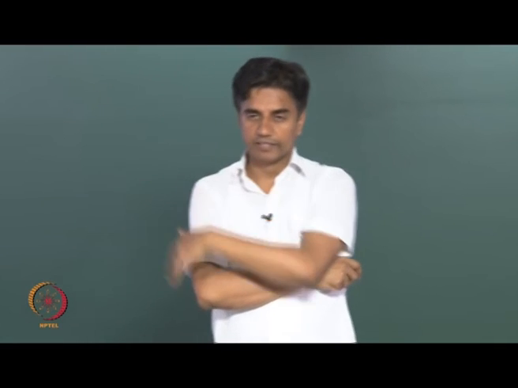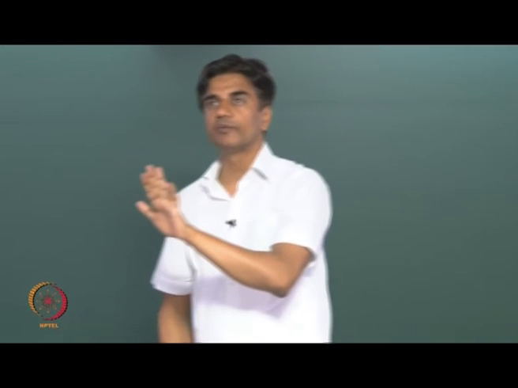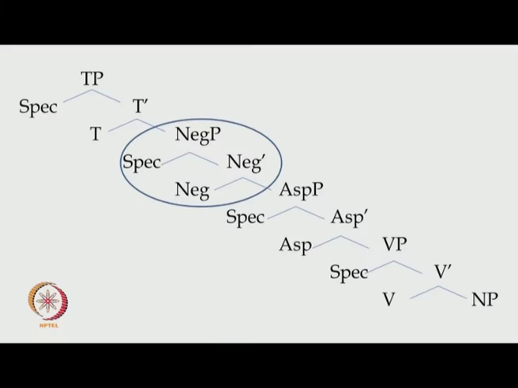Get the point? So, I do not have the list, I just wanted to tell you this thing, and this is the issue. How does it license? The answer is it must be in the C-commanding domain. To understand the C-commanding domain, let us look at the structure once again.